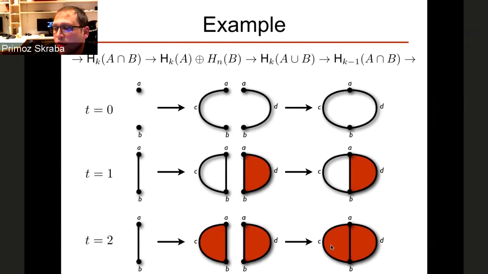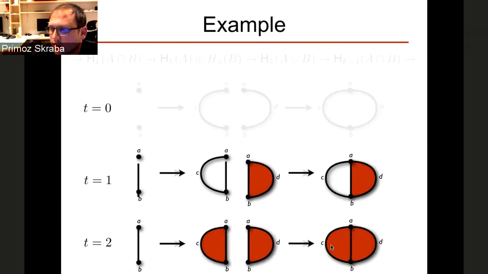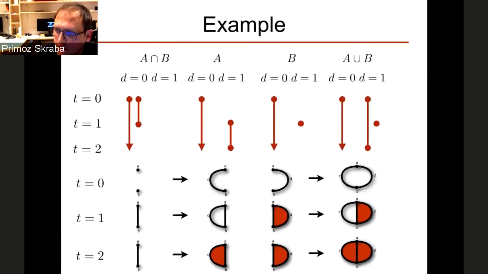So let's look at the actual barcode for this, because I think it helps. Here I have dimension 0. There's nothing in dimension 1 in the intersection. I have 2 components, and basically this one component dies here. And here I have a one-dimensional cycle that lives from time 1 to time 2, essentially.